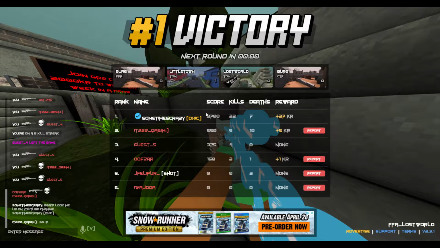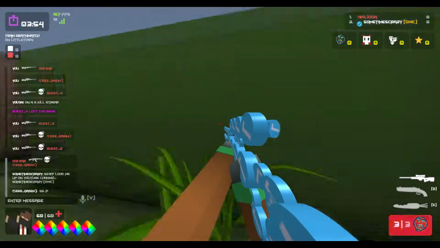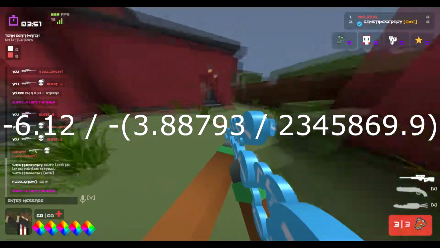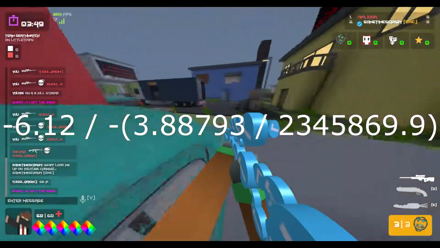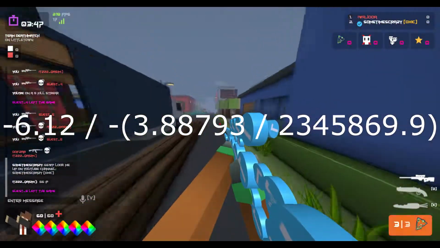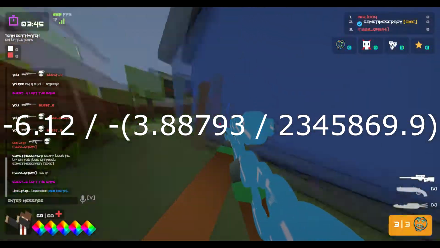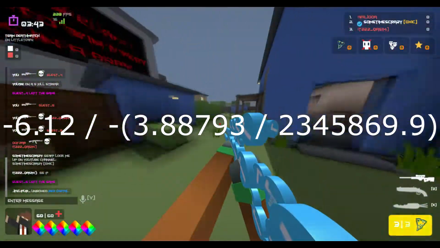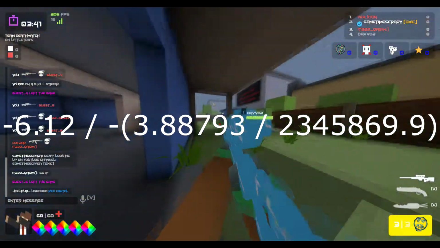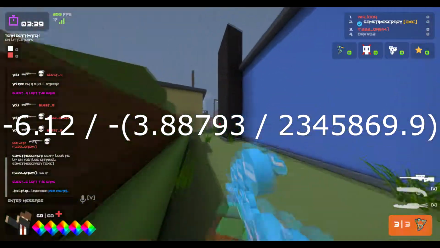Now that we have all 3 metrics, we can work out the speed of the projectile. So, our equation completed is minus 6.12, because remember, it's shooting the opposite direction, so it is a negative, divided by minus 3.88793 divided by 2,345,869.9.